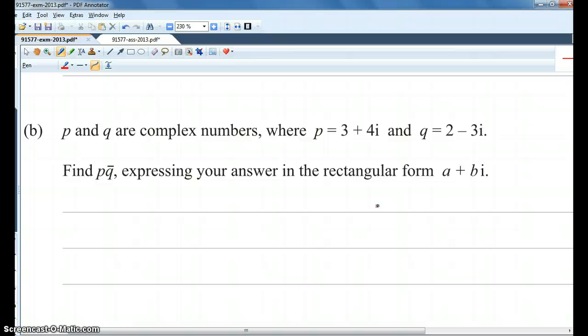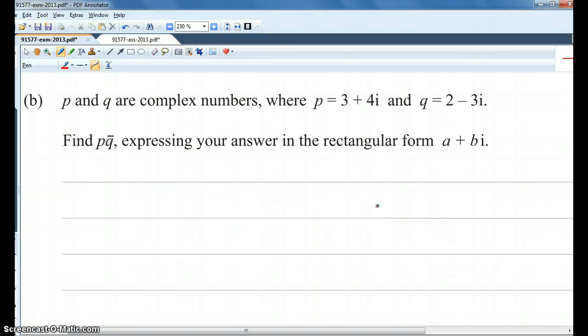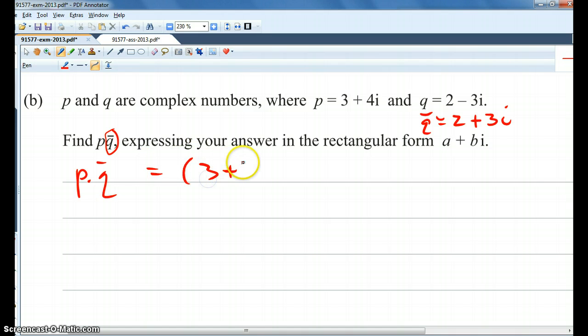Okay, next one. P and Q are complex numbers. Now, what does this line on top of the Q mean? That means 2 plus 3i. You just change the sign in the middle, it's the conjugate. Find that, so P times the conjugate of Q is 3 plus 4i times 2 plus 3i.